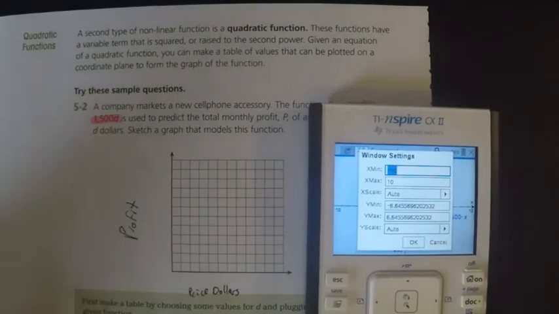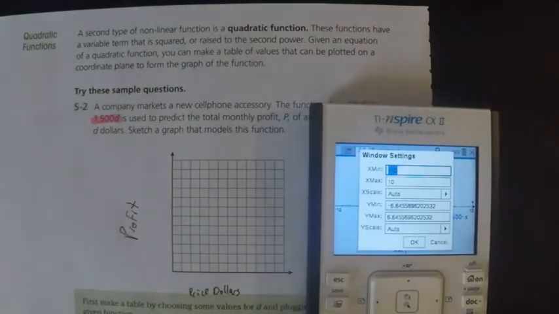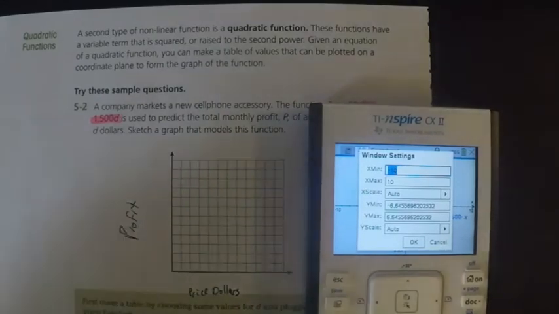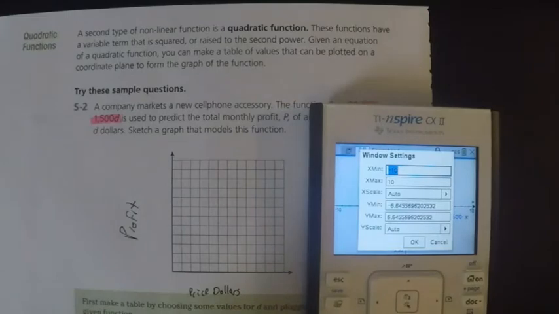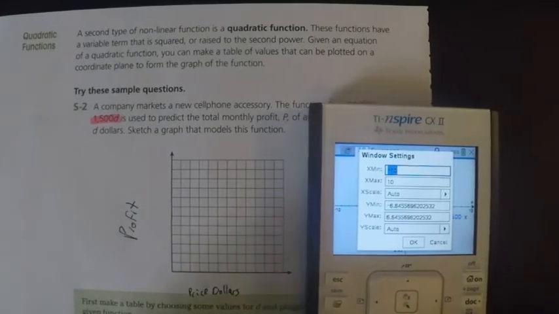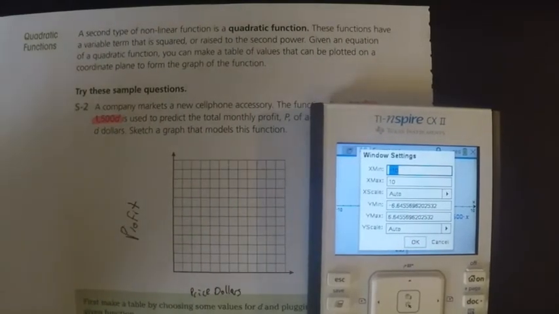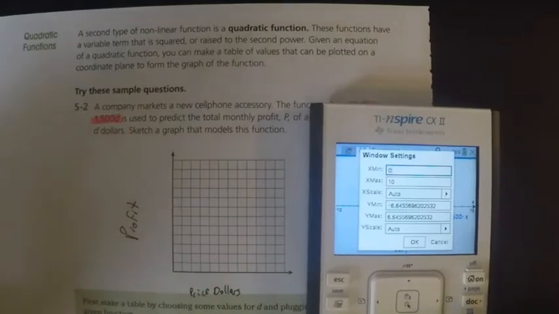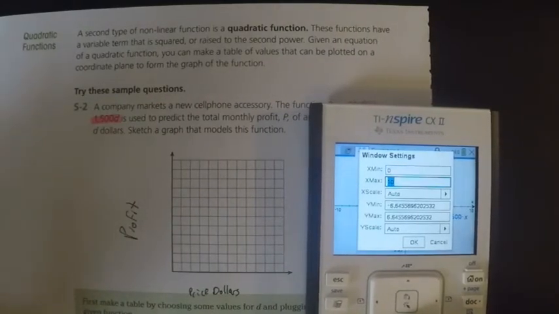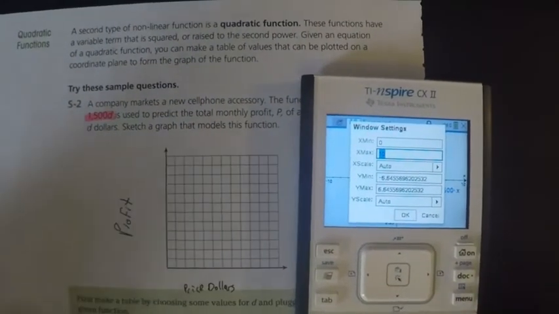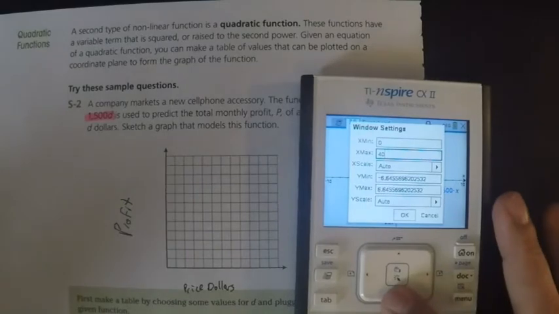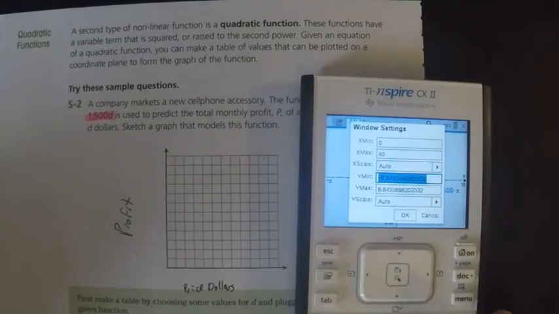Now, our x minimum, if we take a look at the graph that they gave us here, they do not have any quadrant outside of the first quadrant of our graph here. So our x minimum, we can actually make 0. And then our x max, we're going to follow what they have on the graph below and write our x max as 40. And then again, with the y minimum, we can have a 0.